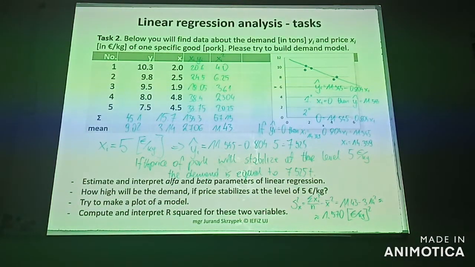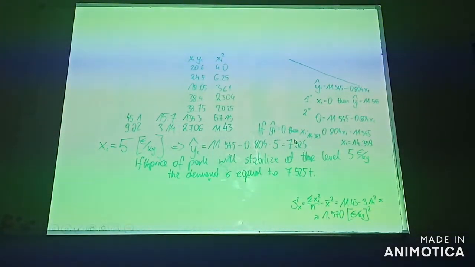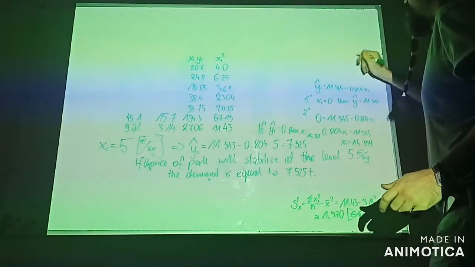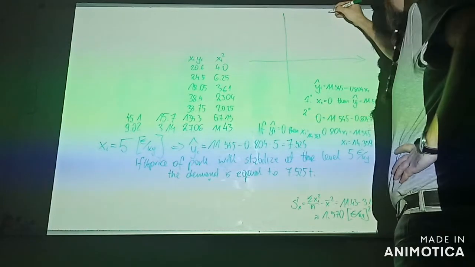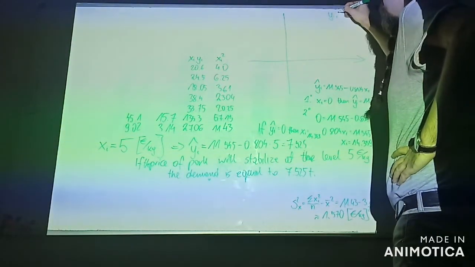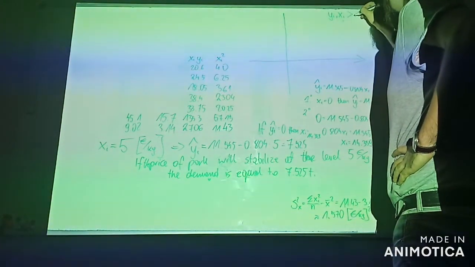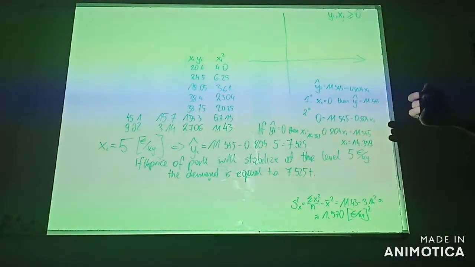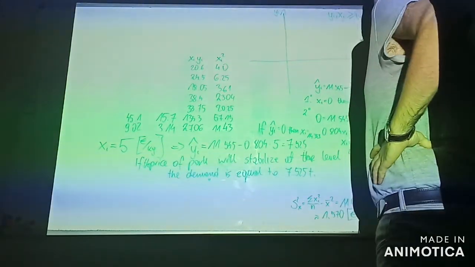We can make a plot like here. Of course, we assume that the demand and the price are non-negative, yes? It has an economic sense. Here we have yi, here we have xi.